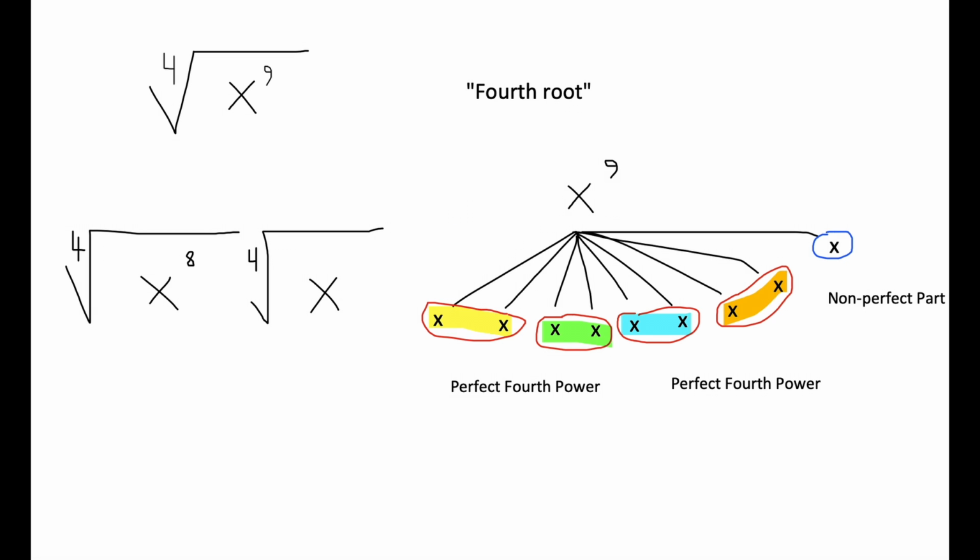This shows that the 4th root of x to the 8th is actually x squared. And we're going to have to leave the 4th root of x as it is. It can't be simplified any farther than that.